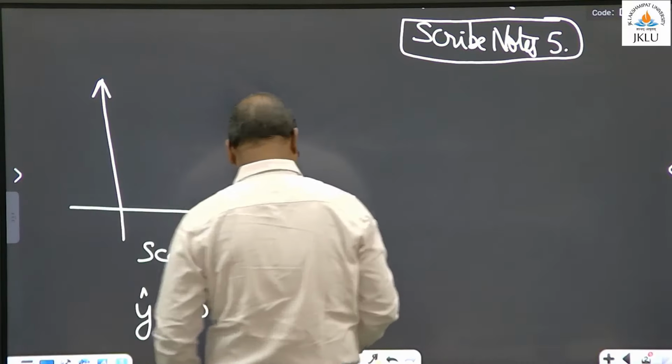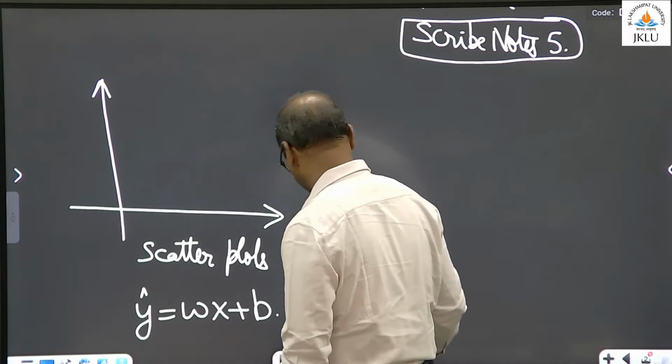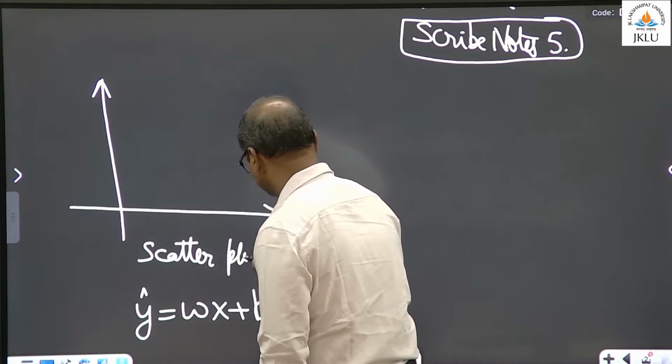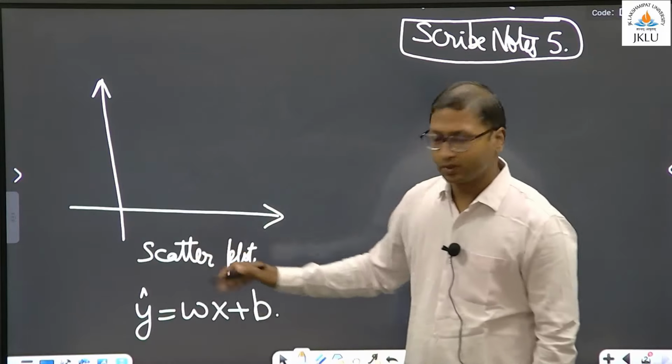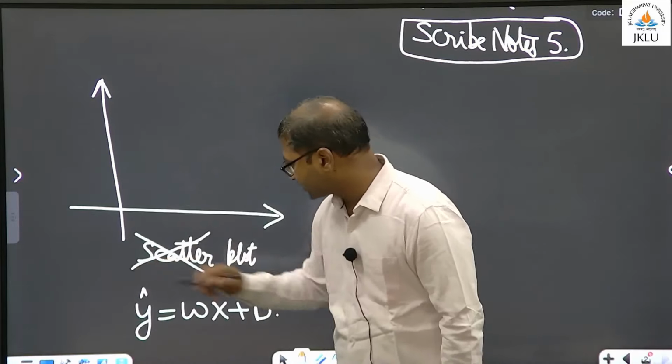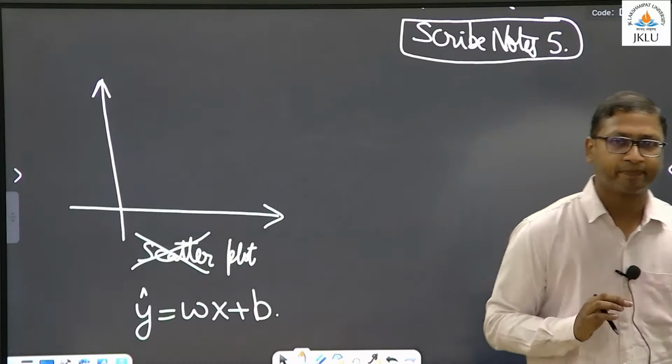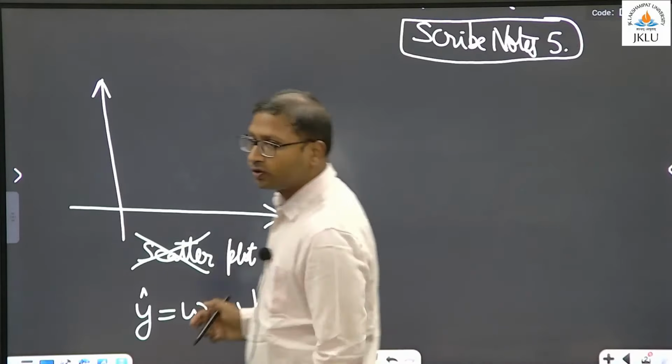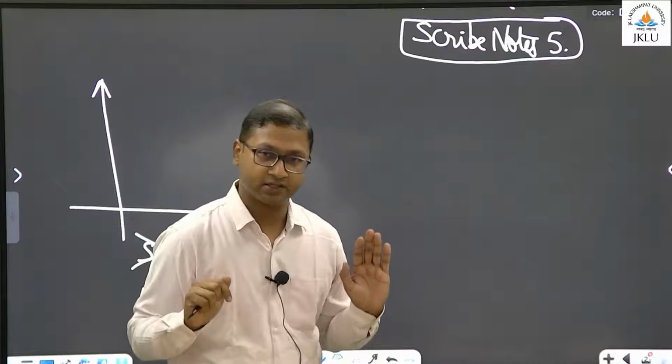What is a scatter plot? I mean, okay, so you may even drop this word if you want. The first plot is you are just plotting the data that is given to you.